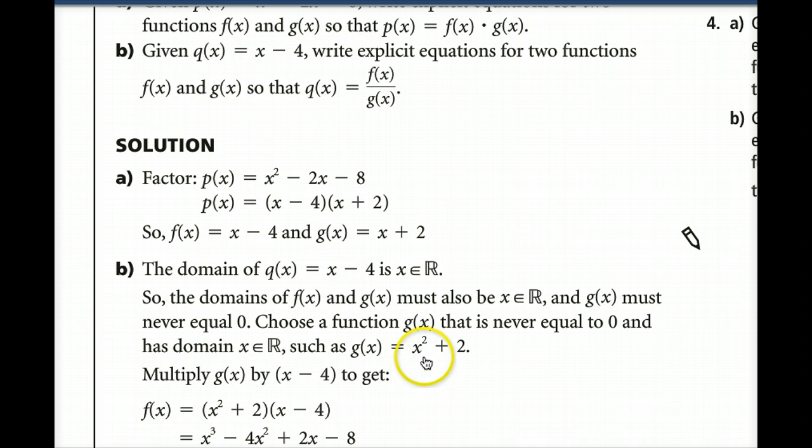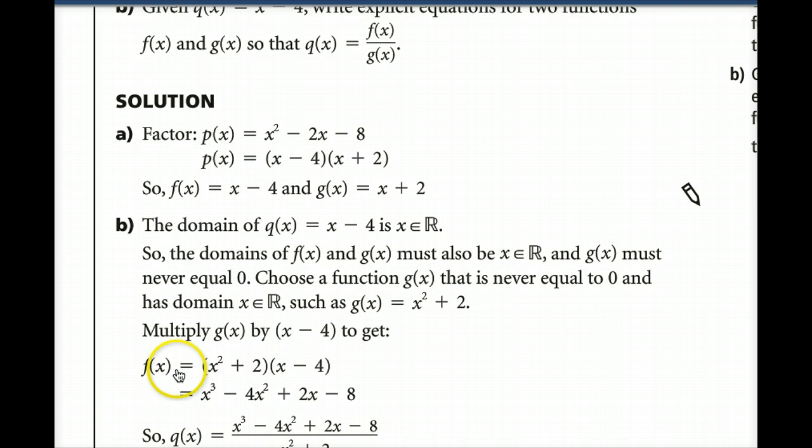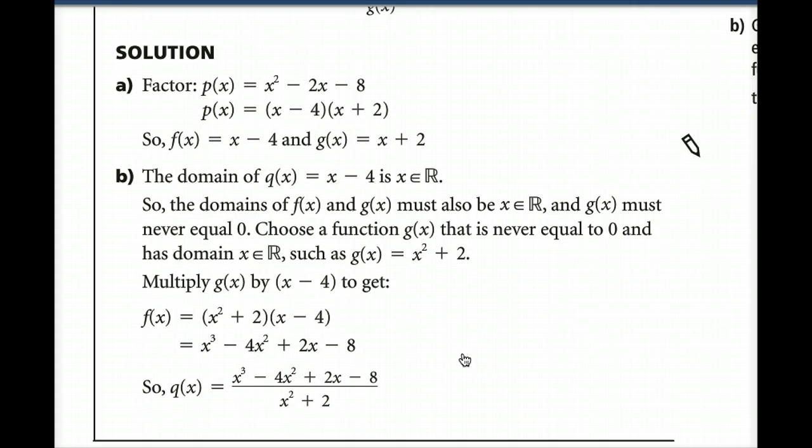And then since you got g(x), if you put g(x) here, q(x) is just going to be the original one. So you can find that f(x) is actually the product of q(x) and g(x). So we just find this f(x) by multiplying, and eventually you put them together like this.